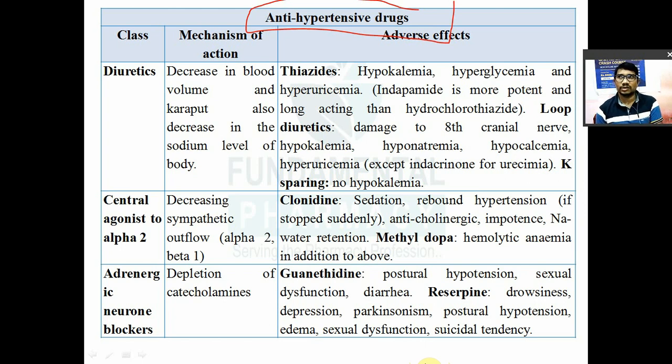After that, drugs acting on RAS, the renin-angiotensin-aldosterone system: renin antagonist, ACE inhibitors, that is angiotensin converting enzyme inhibitors, then angiotensin receptor blockers, then aldosterone antagonist. Next, again vasodilators: arteriolar dilator, venodilator, and arteriolar plus venodilator. After that, diuretics. So these are the major headings under which antihypertensive drugs are covered.